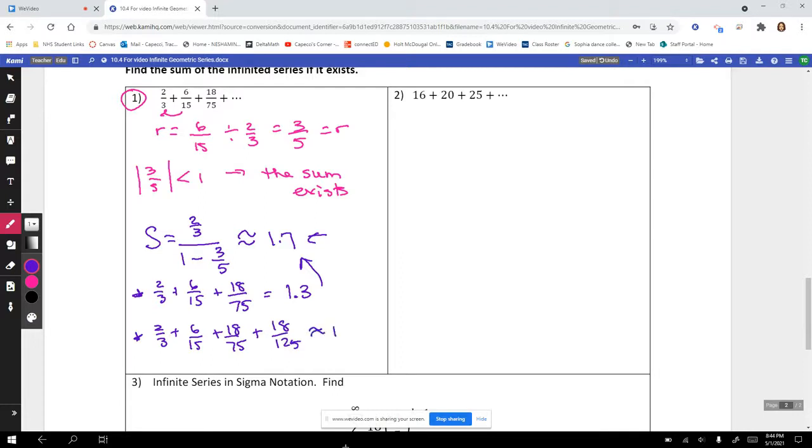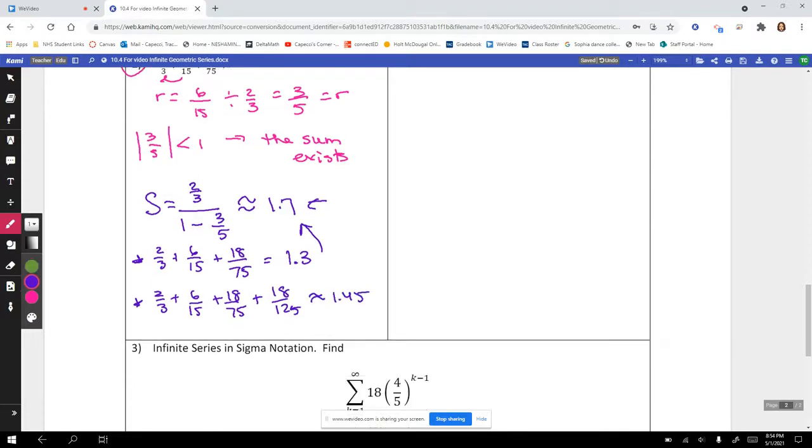And again, that's approximately 1.45. So even as I add just one more value, I only went from 1.3 to 1.45. So I really did not move a lot. So again, as those values get smaller and smaller, I'm going to approach 1.7, and I'm not going to get too much higher than that.